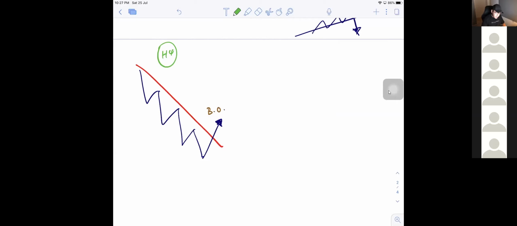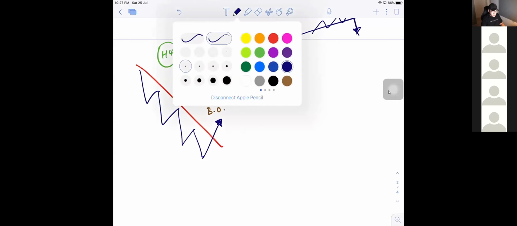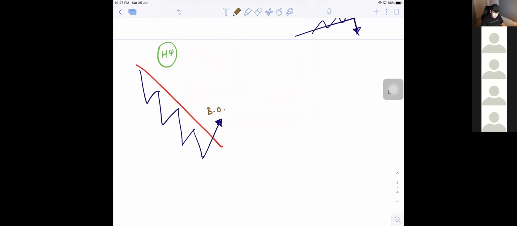So whenever we are having a breakout here, what we do is that you can either wait for a pullback, and from the pullback, we look for buy signal. This is option 1.